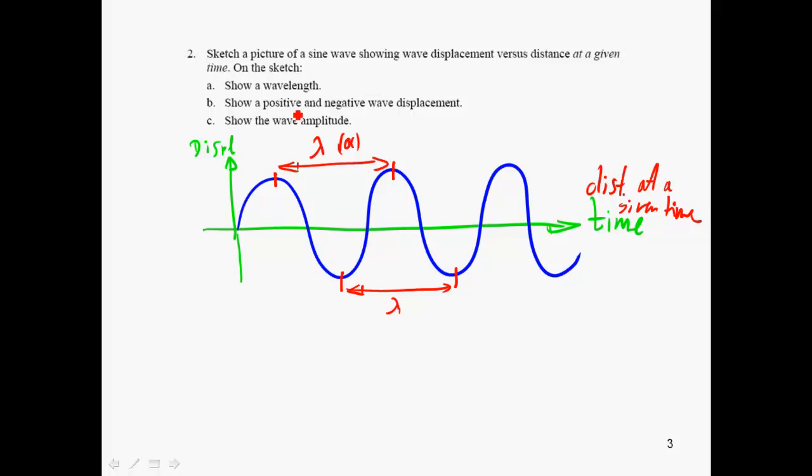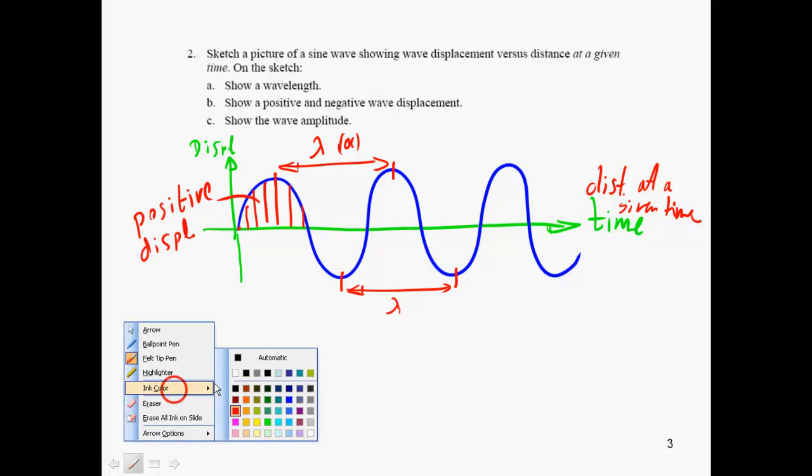Part B says, show a positive and negative wave displacement. Well, this wave, at any point from here to there, this is a positive displacement. Positive, positive, positive, positive. So this is positive displacement. Okay.